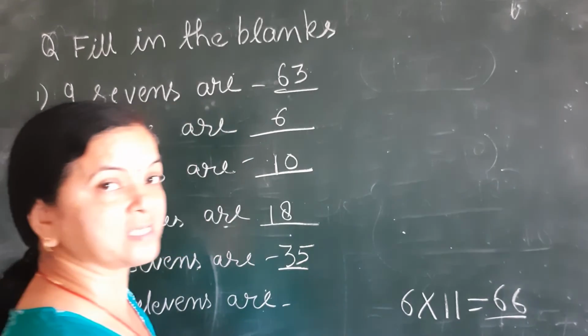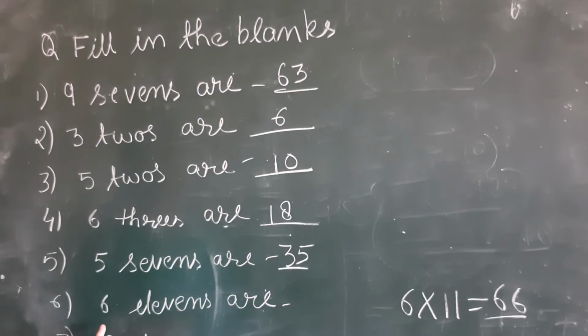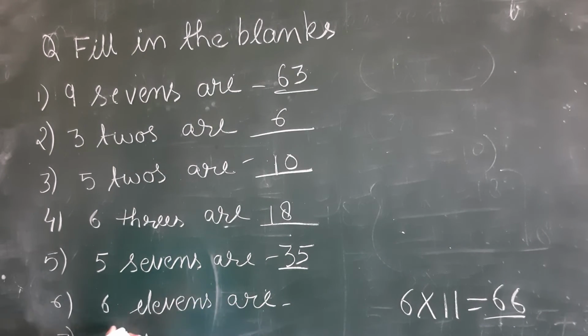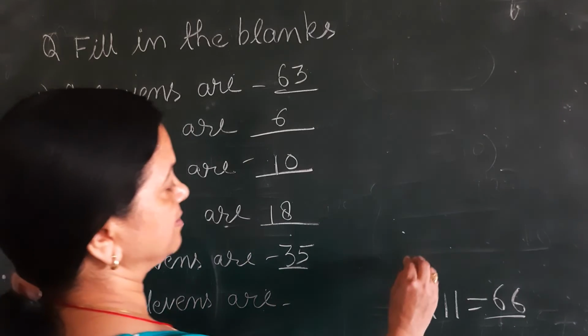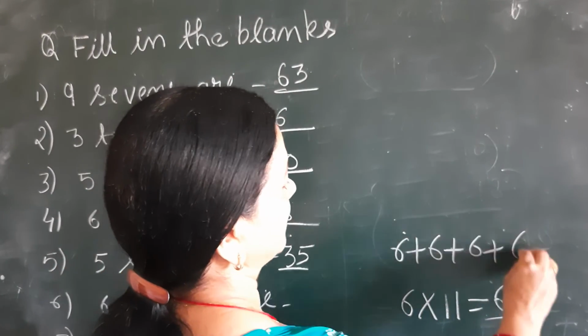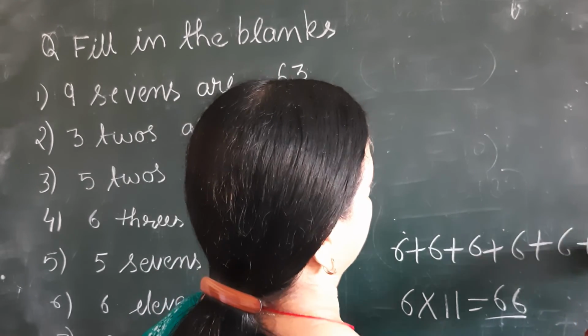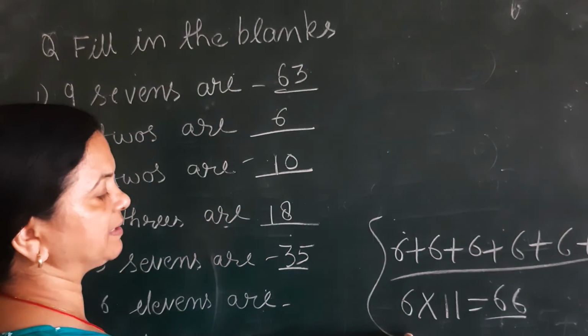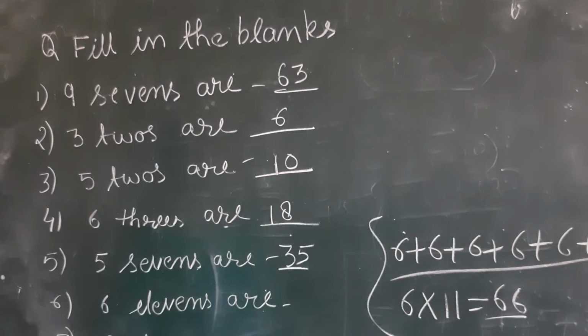Our answer will be 66. Or we can do 6 11's are, which means we have to write 6 eleven times and add it. So we can also write 6 plus 6 plus 6. This is a very lengthy method. We can apply both methods, but our answer will be 66.